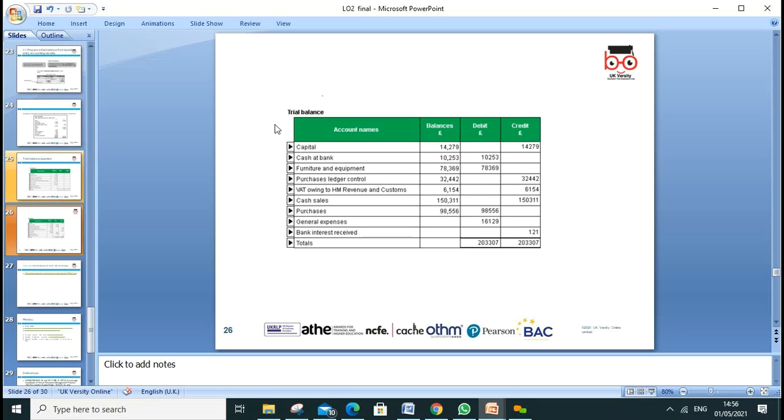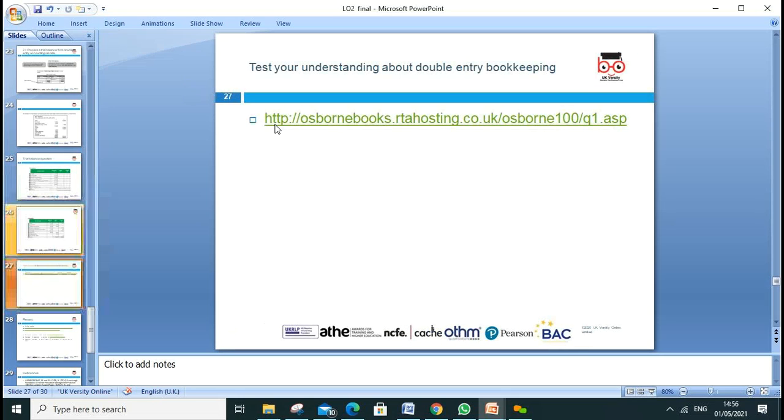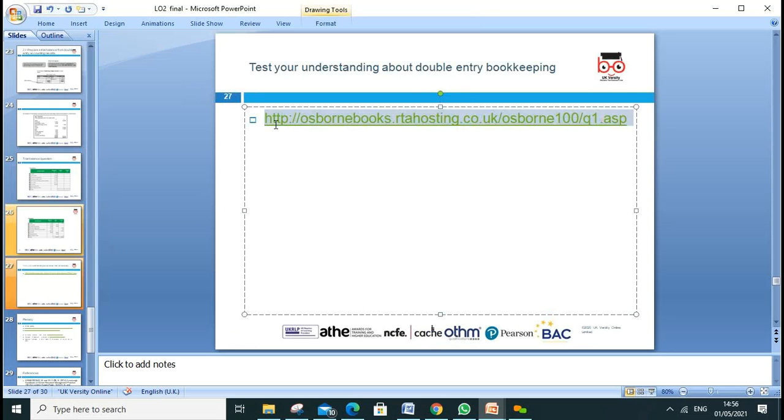Sorry, it's assets, right? That's it, yes. Then the purchase ledger is a liability in the balance sheet, yes. VAT is a liability in the balance sheet, capital in the balance sheet. Then the profit for the year will also go to the balance sheet, then our balance sheet is balanced.